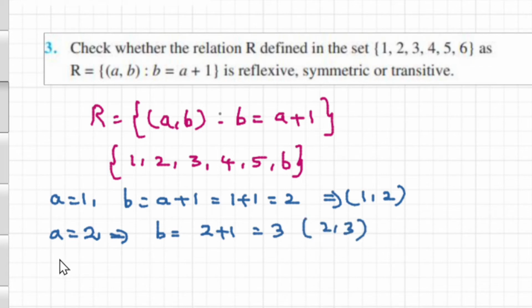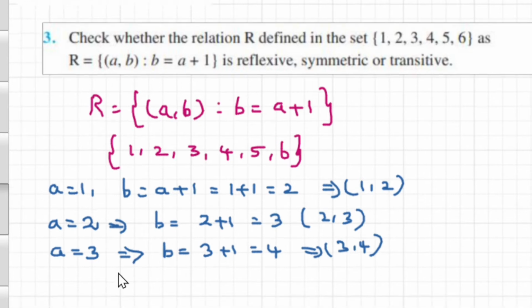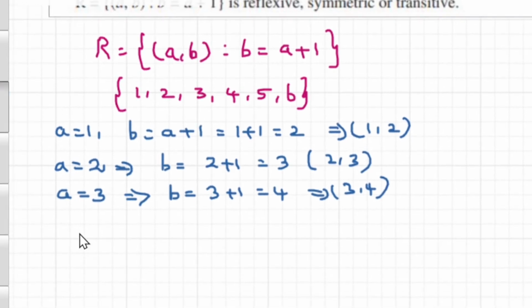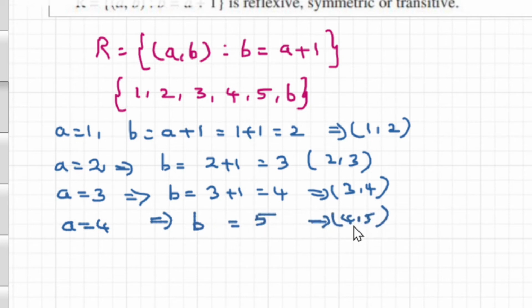Then the next value A is 3, so B is 3 plus 1, that is 4, and hence (3, 4). Like that, the next value A takes 4, and B is 4 plus 1, that is 5, and hence (4, 5), and A takes 5 means B is equal to 6, and that is (5, 6).